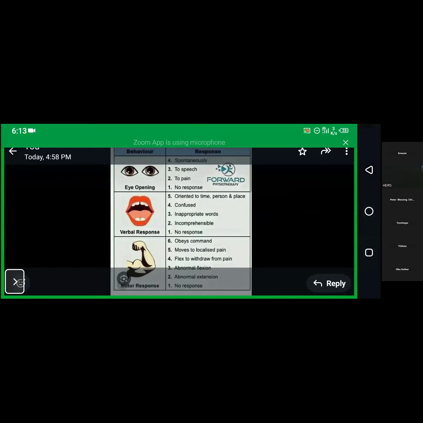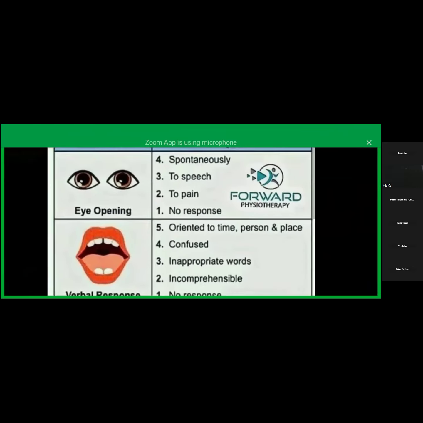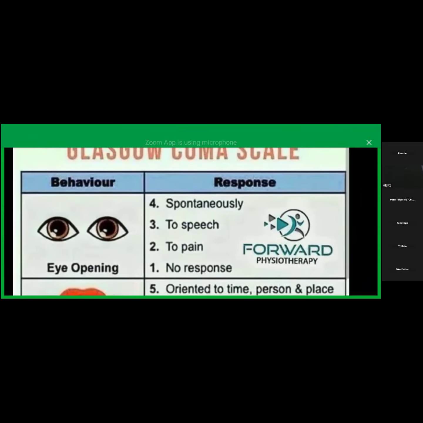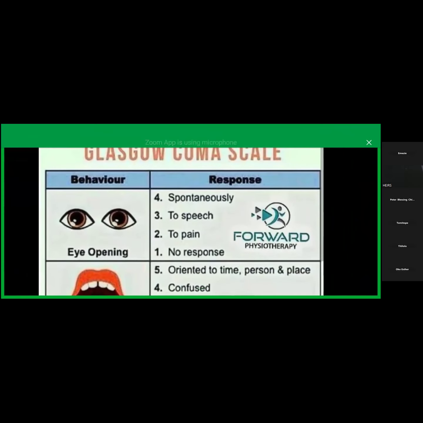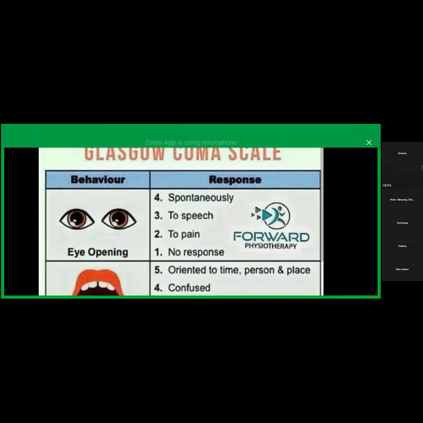Okay, so here I want to talk about the GCS that we talked about before. First of all, let me start by saying what does GCS stand for? GCS is an abbreviation of Glasgow Coma Scale.